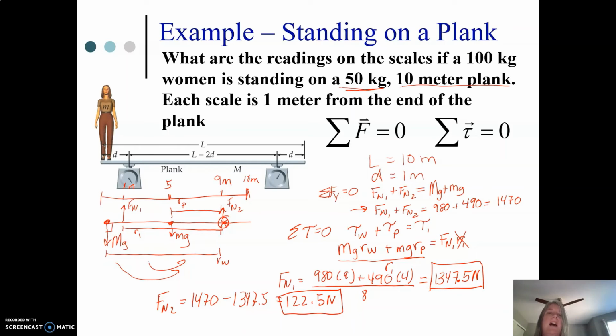So our first scale obviously should be bigger. Always ask yourself, does this make sense? The first scale should be bigger because it is closer to the total center of mass of the system.